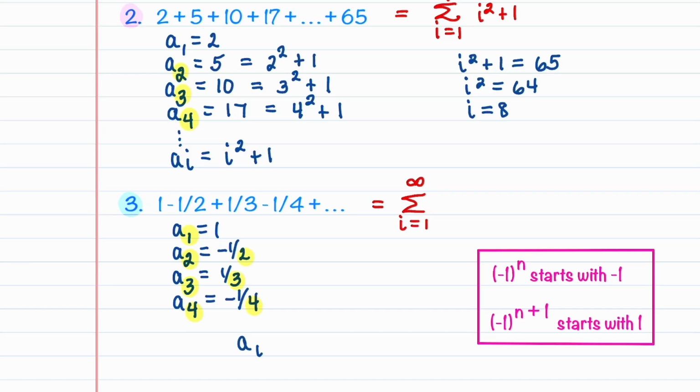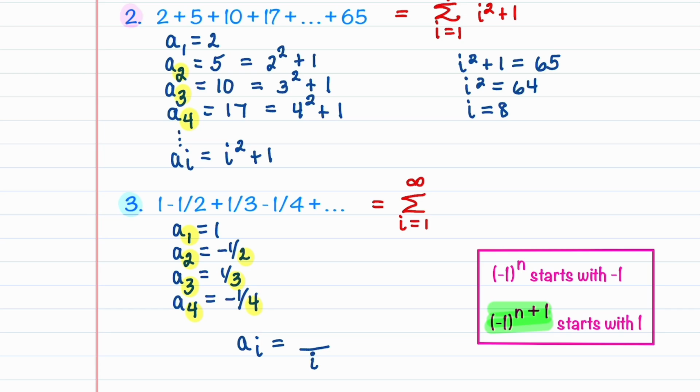So our a sub I is equal to a number on top, either plus or minus 1, all divided by I. Now let's talk about the plus or minus 1. Our first term is positive, and then it becomes negative, and then it becomes positive again. The way that we're going to write that is minus 1 to the n plus 1.